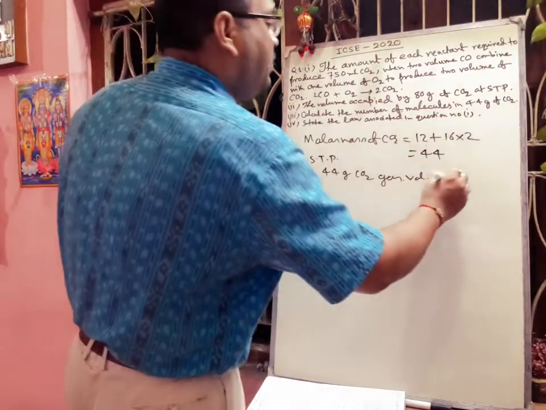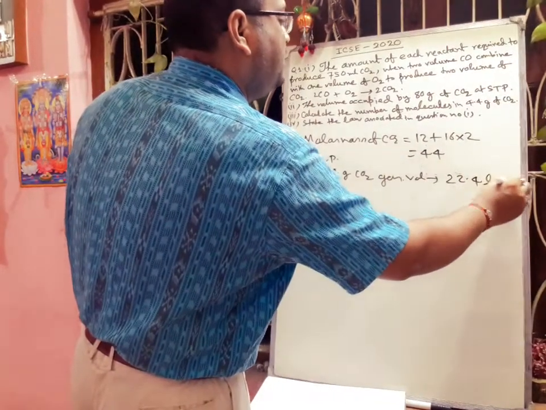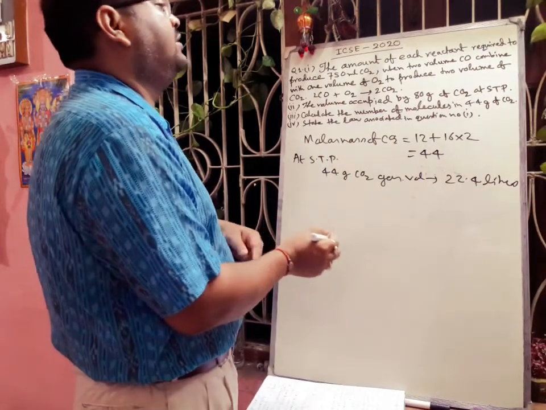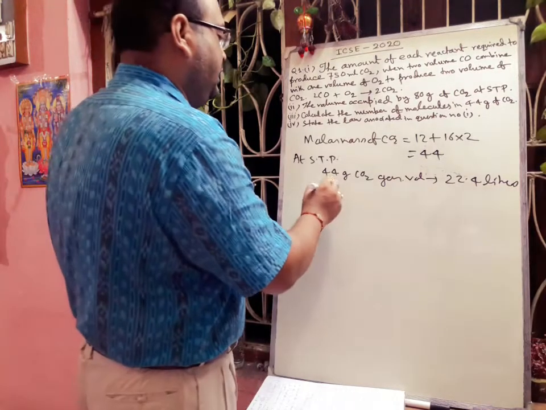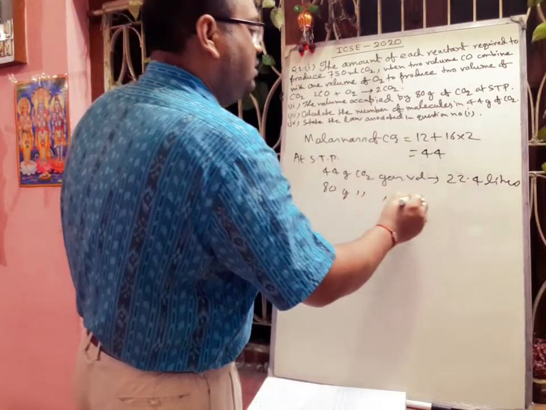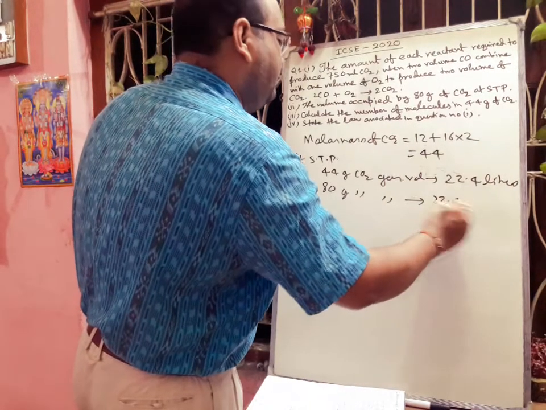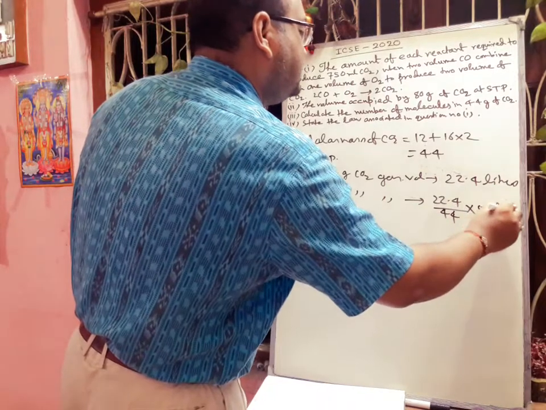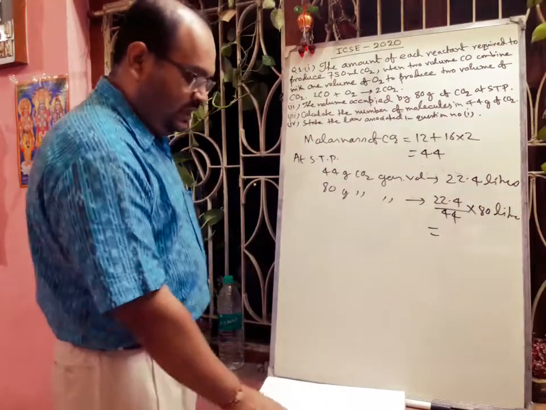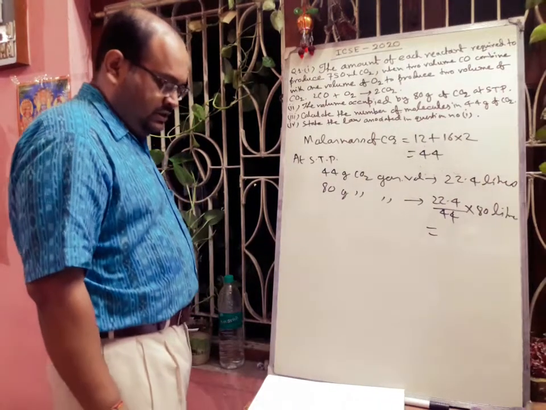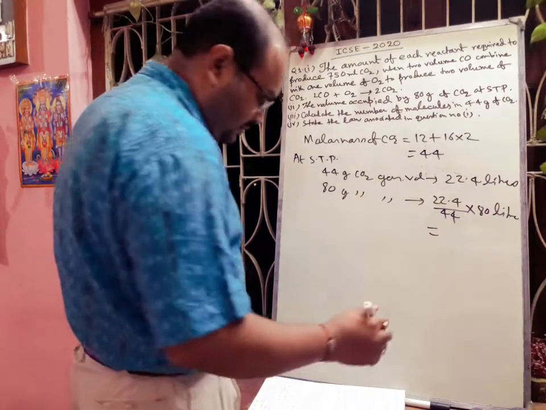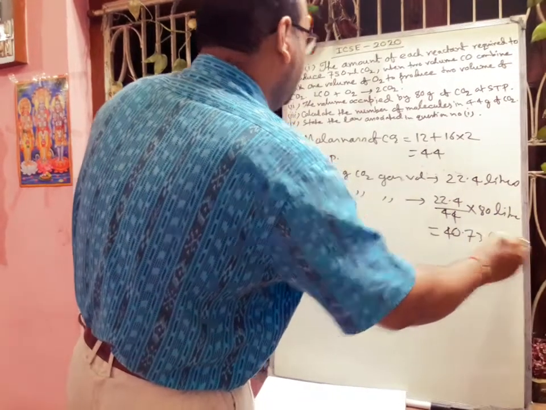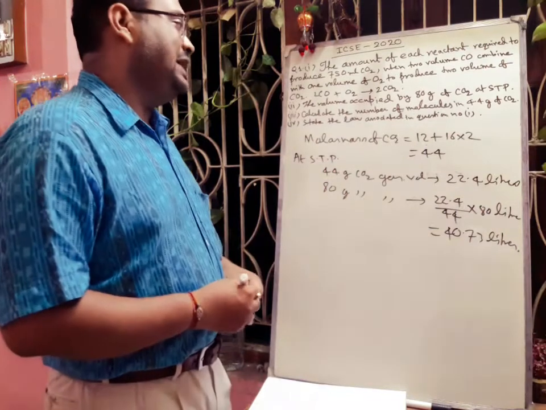That is 22.4 liters at STP. Now we have to find it for 80 gram of carbon dioxide gas. The volume will be 22.4 divided by 44 into 80 liters. If you calculate it, you will get 40.73 liters. That will be your answer to the second question.